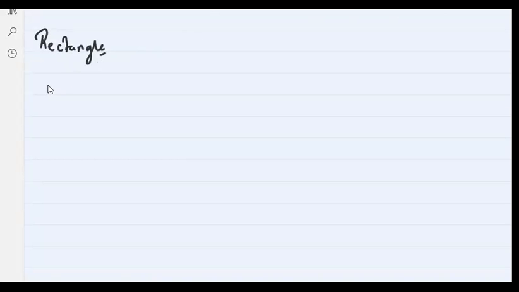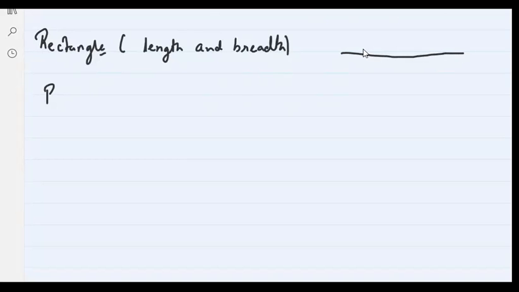So when you talk about rectangle, what is perimeter? Tell me. Rectangle has what? Length and breadth, right? It's like this. So what do you think about perimeter?